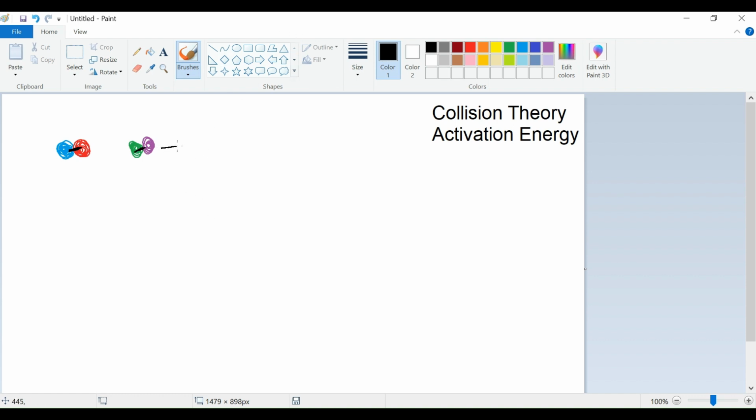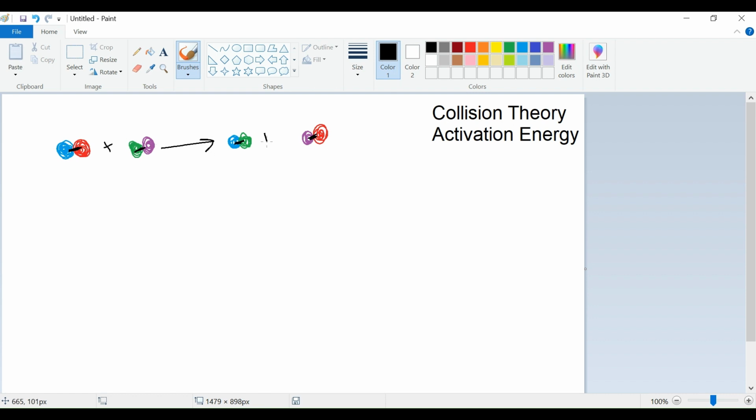So if I want to see a chemical reaction happen, let's say my products look like this. Then what needs to happen is the bonds on the left need to break, and then these new bonds on the right need to form.